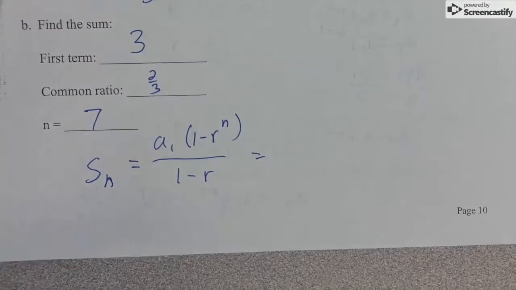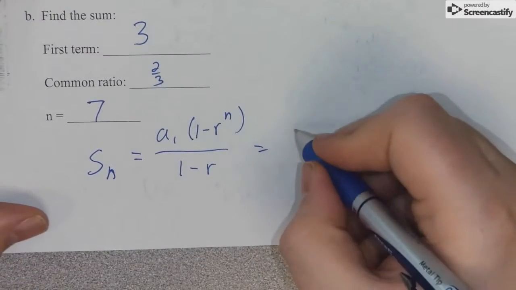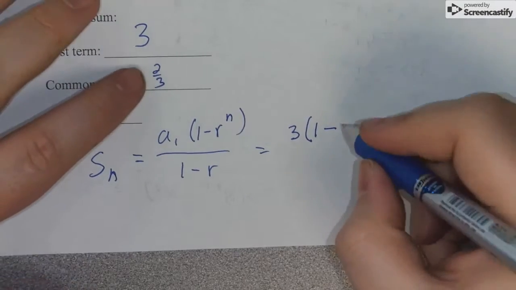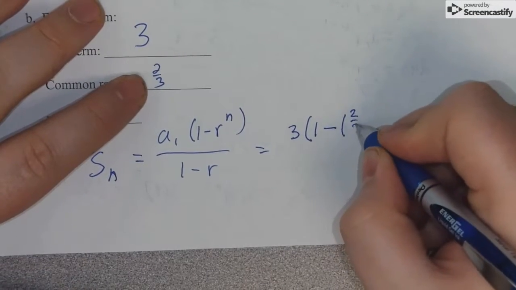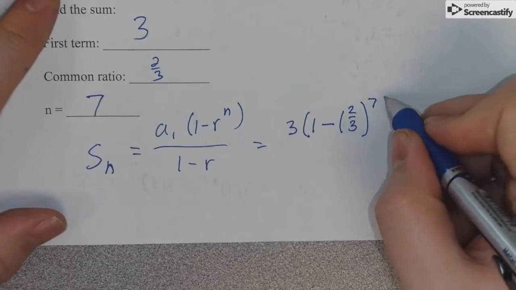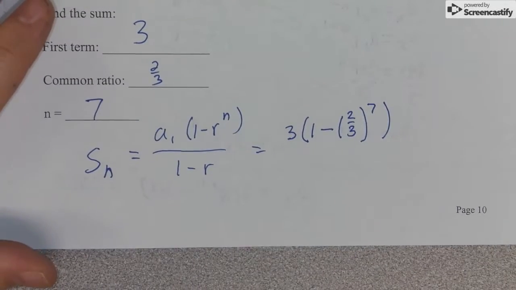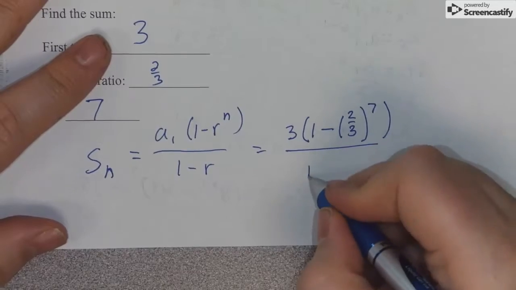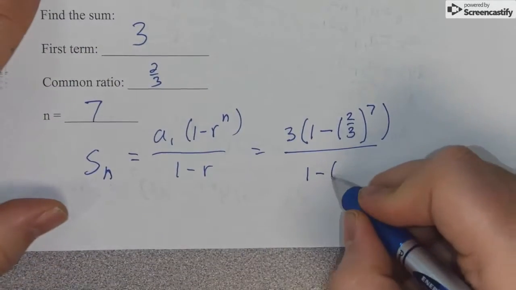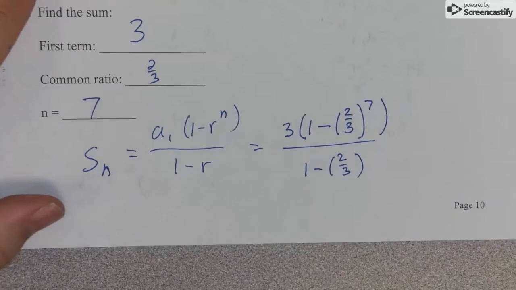So we'll plug in our values. A sub 1, we know that's 3, times 1 minus, our common ratio is 2/3, so parentheses 2/3, to the power of n, which is 7, divided by 1 minus our common ratio, which is 1 minus 2/3.